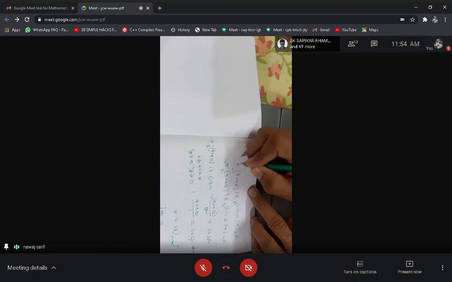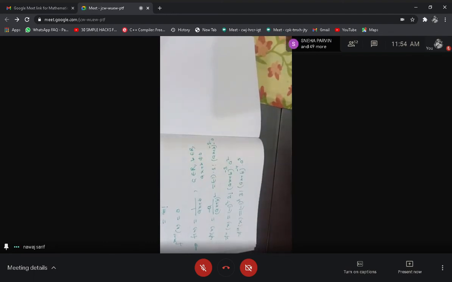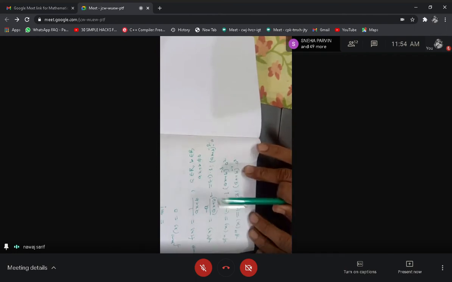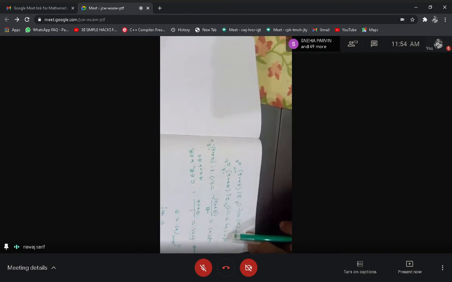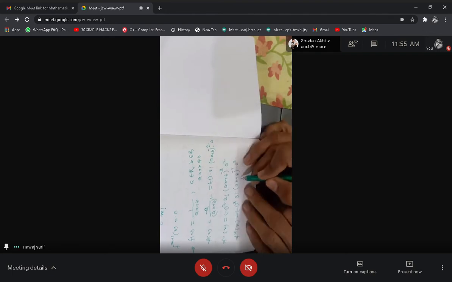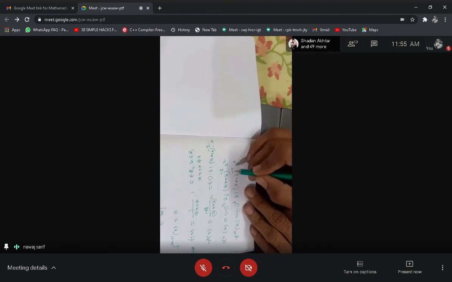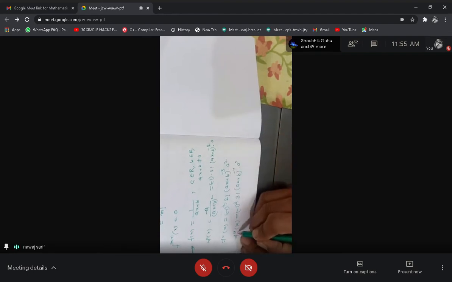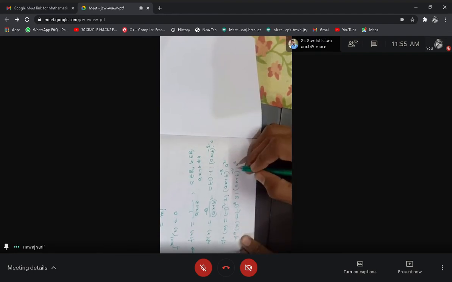Okay, so see, there is a pattern. The order of the derivative is the power in minus 1, and in the factorial it is also the order, but the power of (ax plus b) is minus 4. That means when the order is 3, then the power is minus 4.